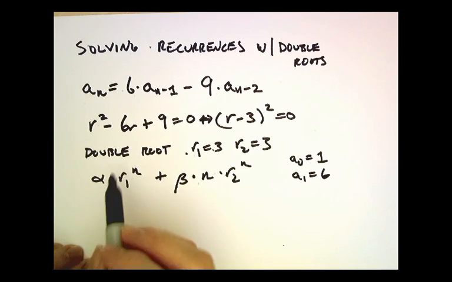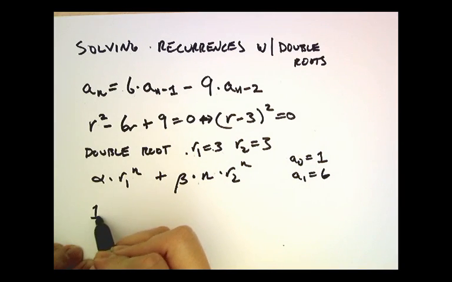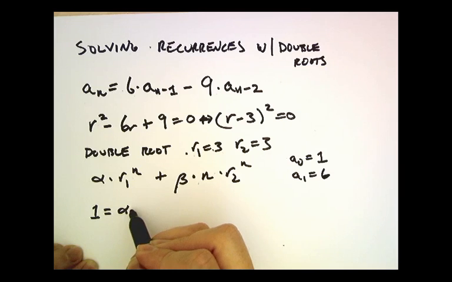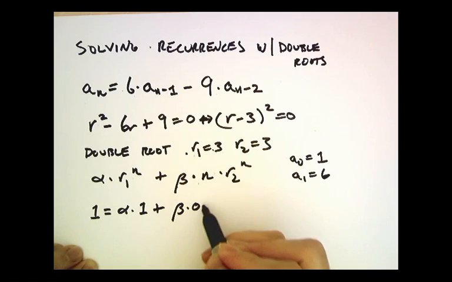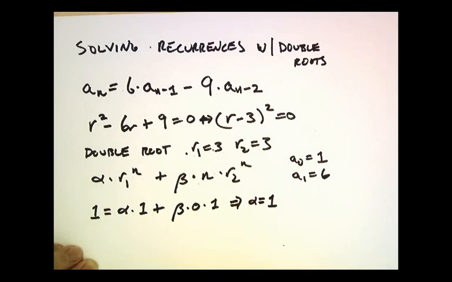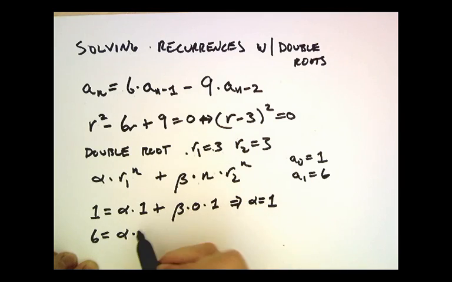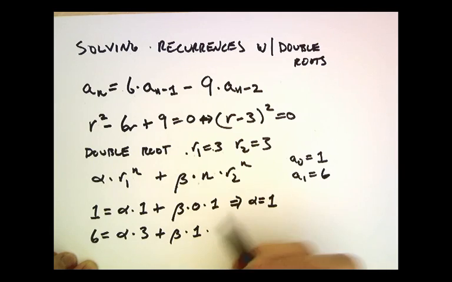So we still have to solve for alpha and beta. Since a0 equals 1, that means 1 equals alpha times 1 plus beta times 0 times 1. So this implies that alpha equals 1. And then we have 6 equals alpha times r1 to the n, that's 3, plus beta times 1 times r2 to the n, again that's 3.